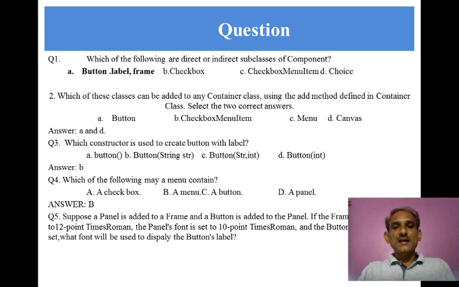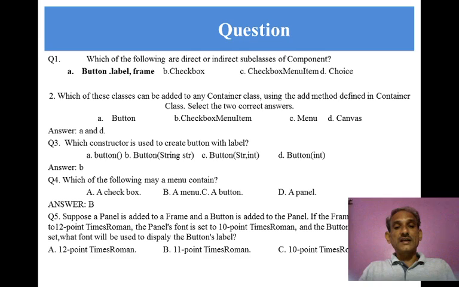Suppose a panel is added to a frame and a button is added to the panel. If the frame font is 12 point, the panel font is 10 and the button font is not set, then which font will be used to display the button label? 12, 11, 10 or 9. So C is the correct answer, 10, because the button is added on the panel, so it will by default take the panel font.